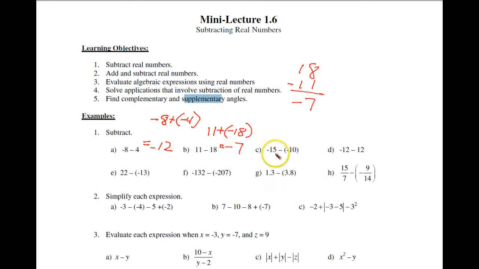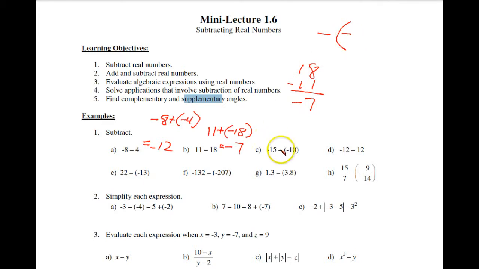Now, letter C is very critical, and watch it carefully. Now, this is a negative 10. We're asked to subtract it. Well, when you see a negative in front of a parenthesis, and there's a negative inside the parenthesis, this is often referred to as the double negative. And this could be read as the opposite of a negative.